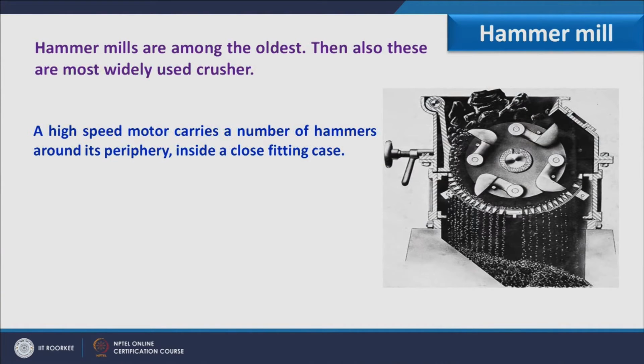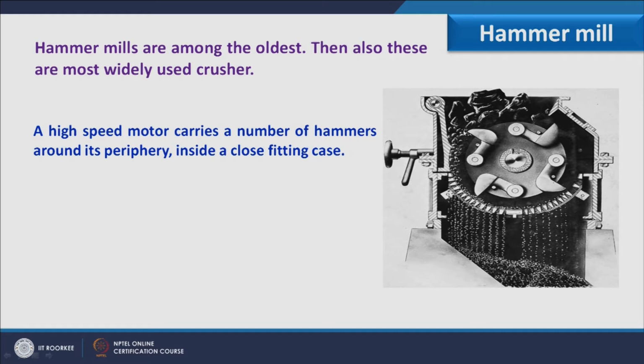Here we have another equipment which falls under intermediate crushers, and it is hammer mills. Hammer mills are among the oldest, and they are also the most widely used crushers. A high speed motor carries a number of hammers around its periphery inside a close fitting case. In this figure the material is coming from the top and the complete assembly is inside the case, where hammers are attached on the rotating disc.